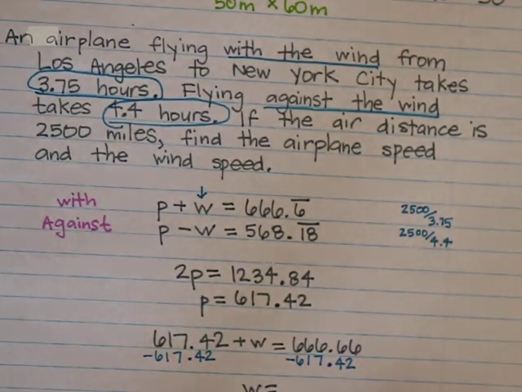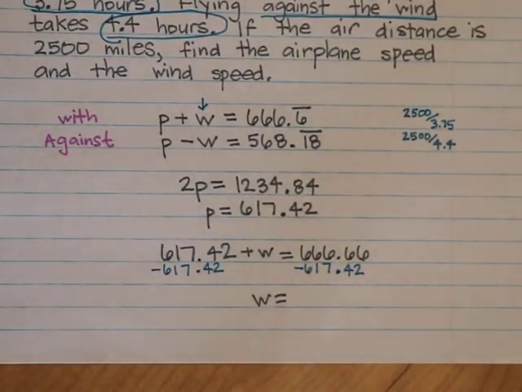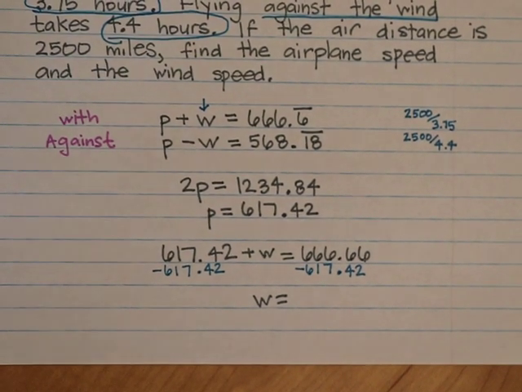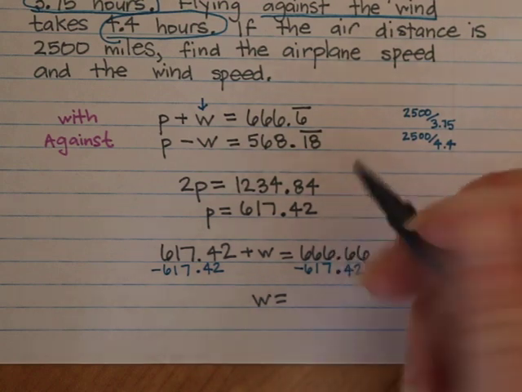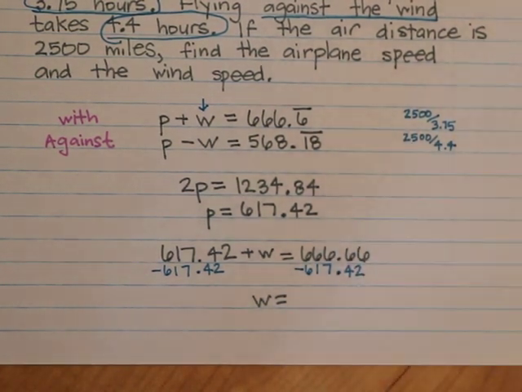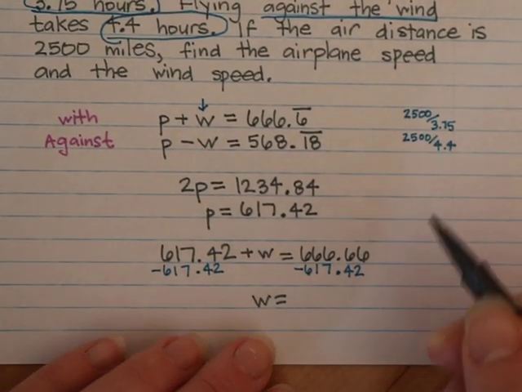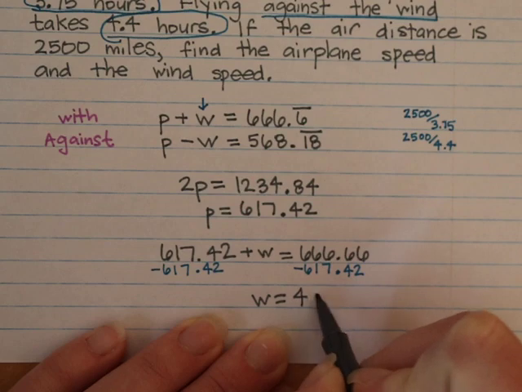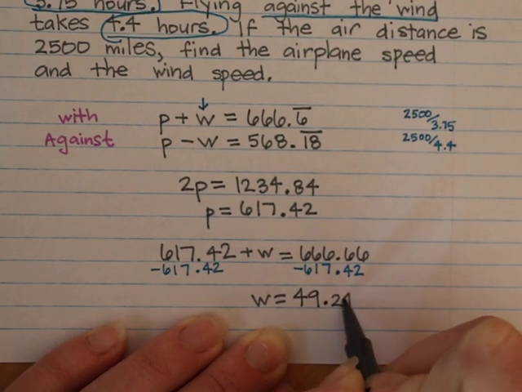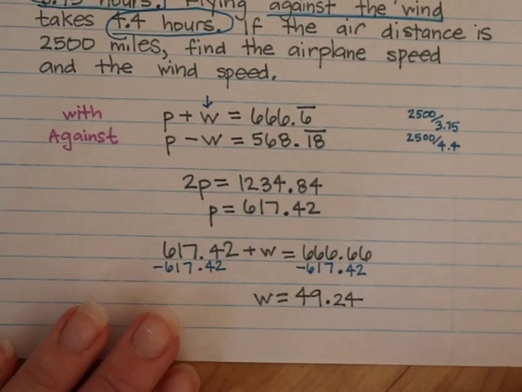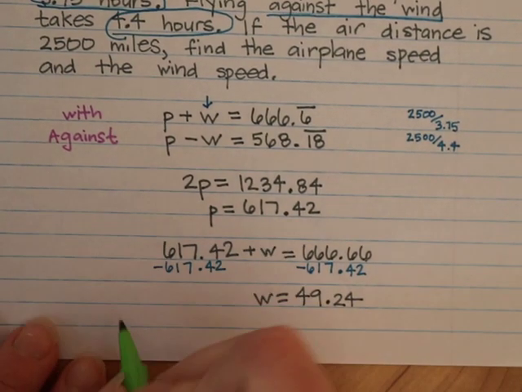Whoops. Oh my gosh, sorry. There we go. We get the speed of the wind because we're just talking about it in terms of speed. We're not talking about going with us or against us. I'm just going to keep it in the positive. 49.24.